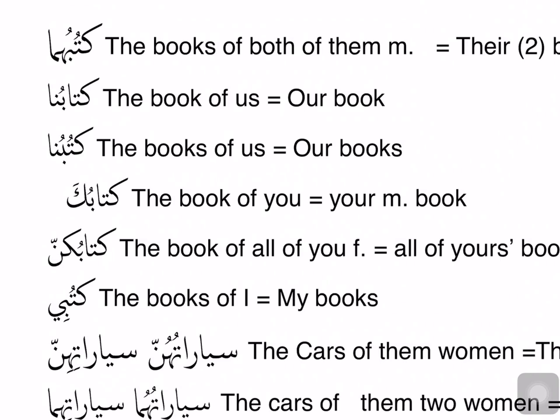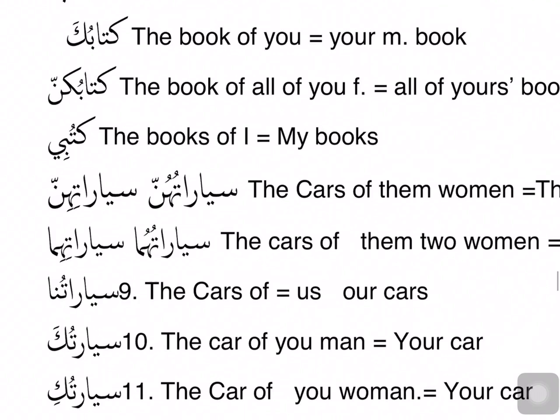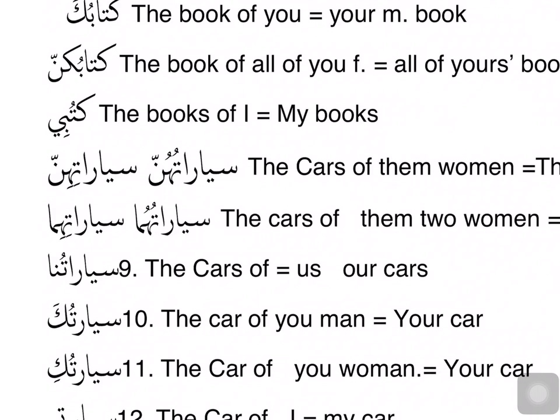Kitabuna, our book, the book of us, our book. Kutubuna, again the same thing, our books. Kitabuka, your book. Kitabukunna, you females, your book. Kutubi, my books. Sayyaratuhunna, all of them women, their cars.